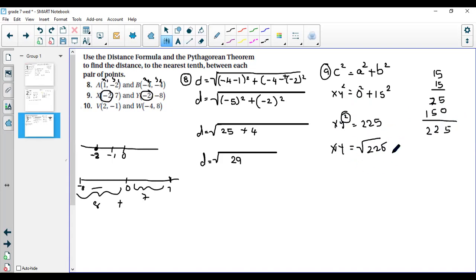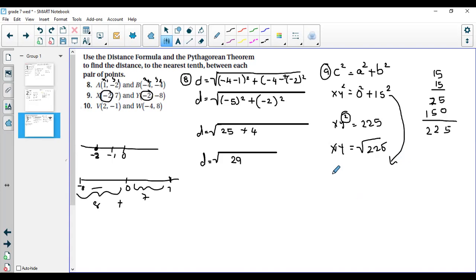Now I need to find which number multiplied twice gives me 225. So that's 15. The square root of 225 is 15, because when we multiply 15 by 15, we get 225. So rather than doing all this, after this step here, you can simply follow this step.